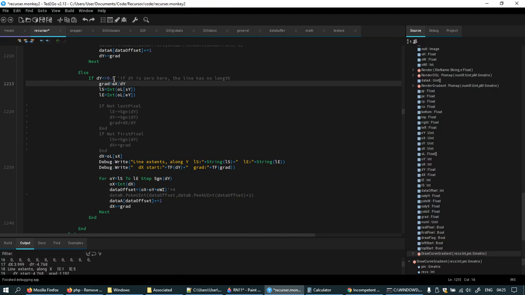Basically, I could do something like this, which is multiplied by the sine of, multiplied by, there's a bit of logic I could do here.